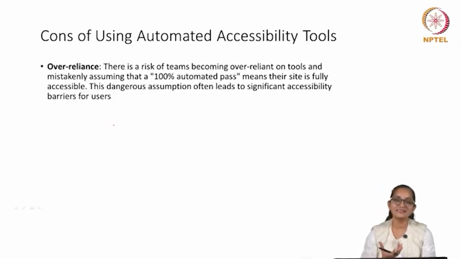Over reliance, and I think that is where the last point ended. When we say it should not be used in isolation, that is what we mean, that teams should not over rely on such tools. There's a risk of teams becoming over reliant and assuming that a 100% automated pass means that their site is fully accessible, while eventually it may lead to lawsuits or fines for the company.